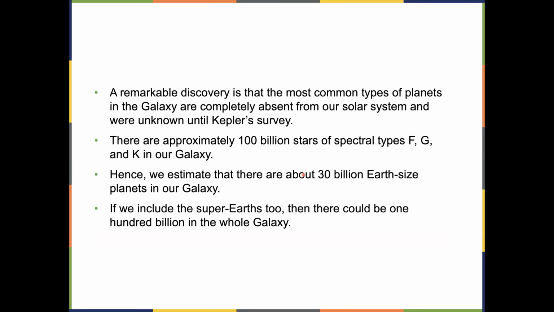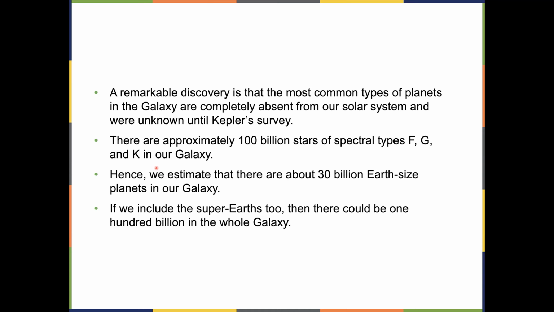This is actually extrapolating the data that we have, right? So you observe a large sample and then you apply that to the whole galaxy, right? And the reason that we look at F, G, and K types in our galaxy, I guess you will understand, is that these are the spectral types in the middle part of the HR diagram and also close to our own sun, right?